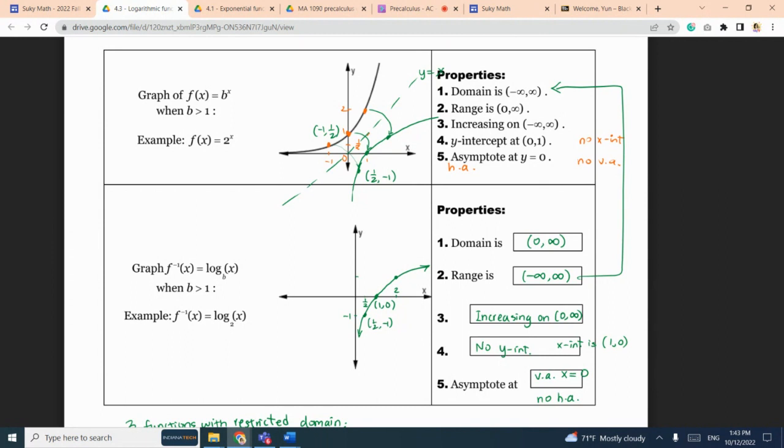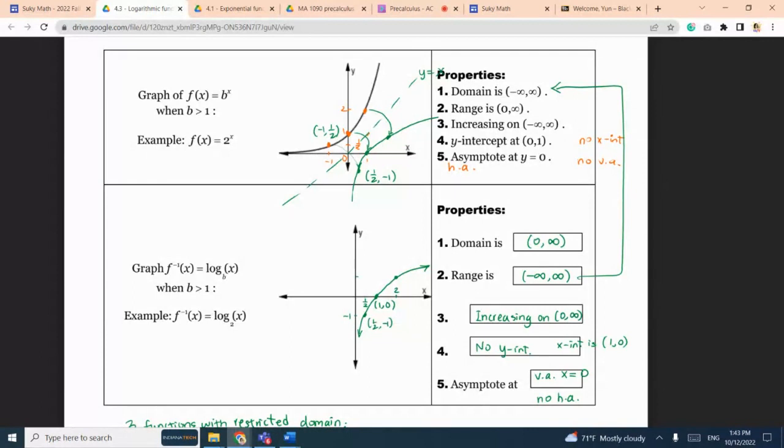Do you see that, everybody? And it's increasing all the time, right? So both the exponential function and the logarithmic function, if b is bigger than 1, we get increasing functions. And here, we don't have a y-intercept, but we have the x-intercept. So the x-intercept is (1, 0). Okay, everybody?